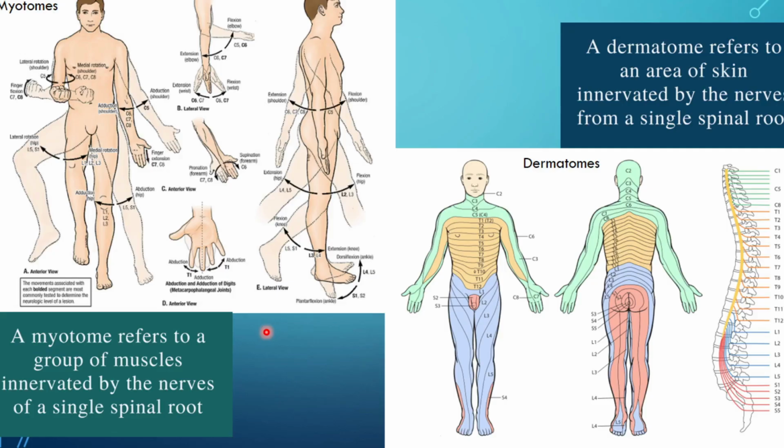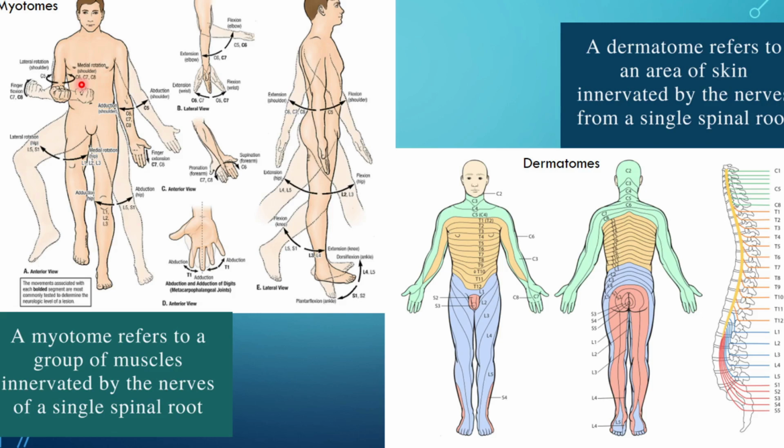So that's the motor. And actually, it is important to remind yourselves when you're thinking about these tracts of myotomes and dermatomes. A myotome refers to a group of muscles that are innervated by nerves that come from a single spinal root.